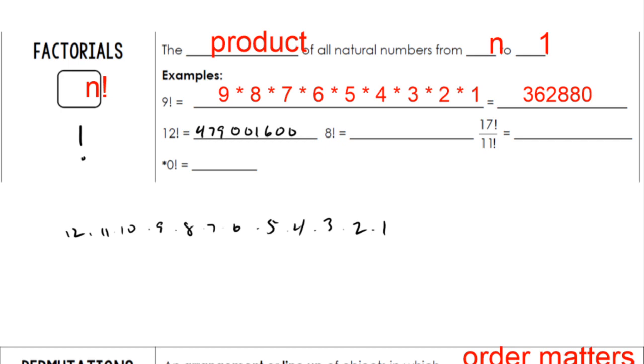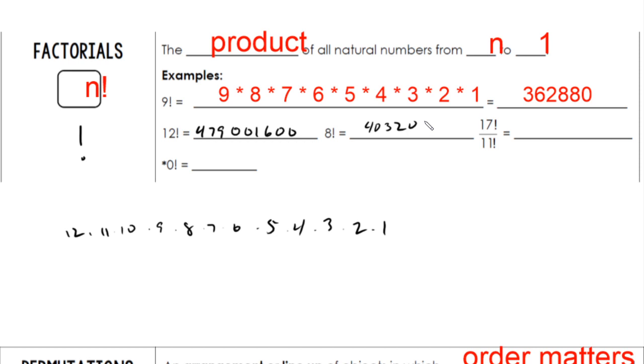Moving on, 8 factorial. That's going to be 8 times 7 times 6 times 5 times 4 times 3 times 2 times 1. That is 40,320. Cool.